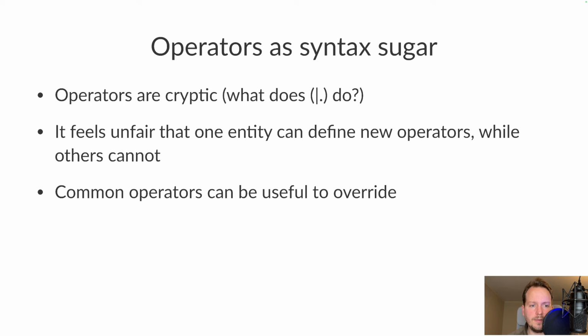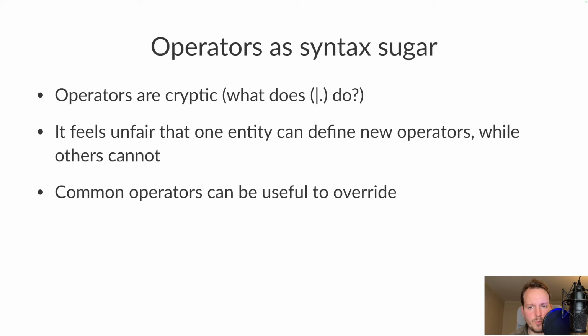That's the problem with operators: they allow you to write very succinct code, but you really have to do a lot of research in order to understand the meaning of an operator, and how an operator works together with other operators. They're essentially a very, very cryptic feature.